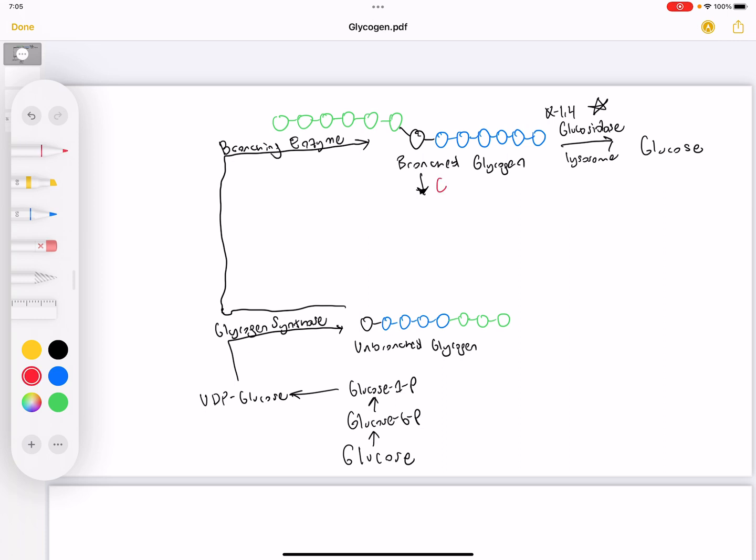So glycogen phosphorylase is going to break down and release glucose 1-phosphate so that it can either be converted to glucose 6-phosphate to then produce glucose, or it can enter glycolysis for ATP production. So glycogen phosphorylase is responsible for the release of glucose 1-phosphate from the glycogen.